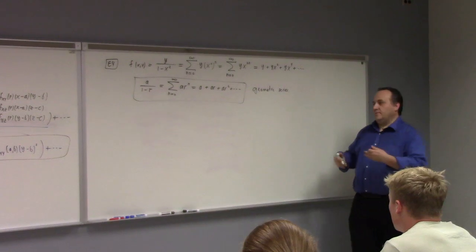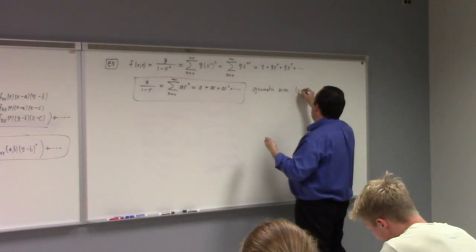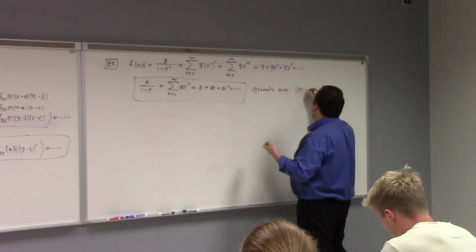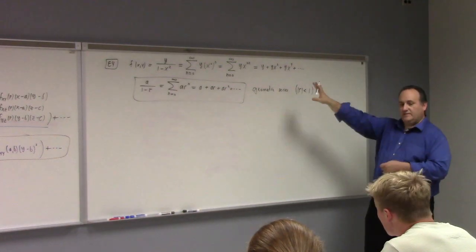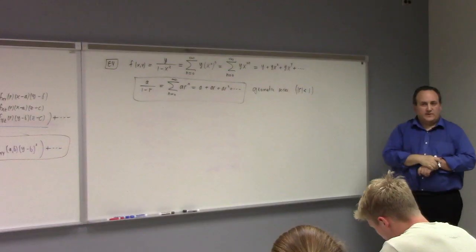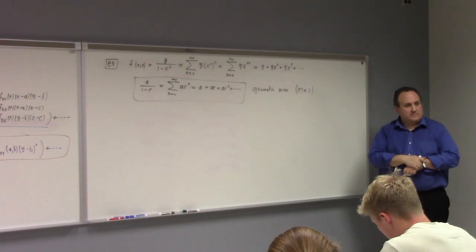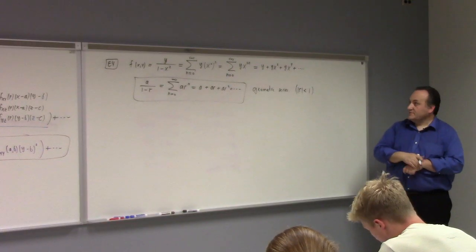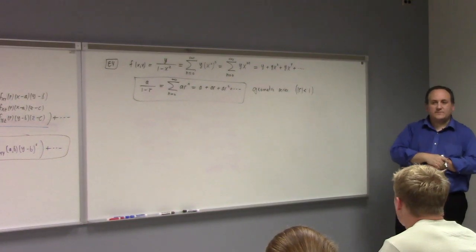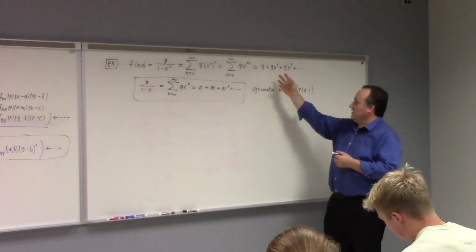We need for this to converge that the absolute value of r is less than 1. So this calculation I did for x and y is only going to be legitimate when the absolute value of x is less than 1.